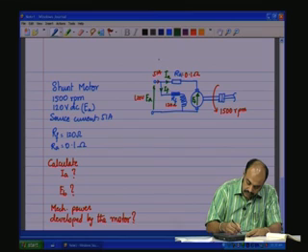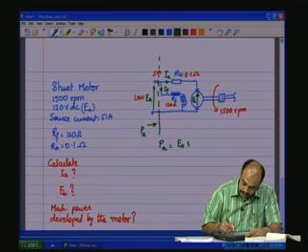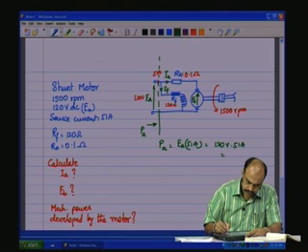Let us first find the power which is drawn from the source, P source. So, P source will be EA into 51 amps, which is 120 volts into 51 amps, which is equal to 6120 watts.